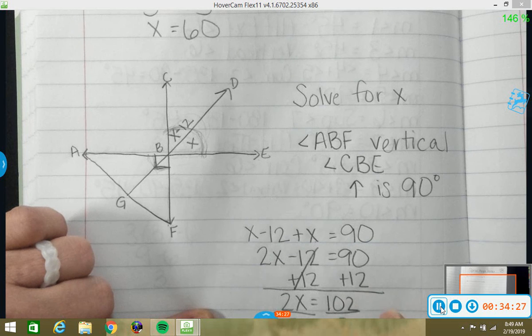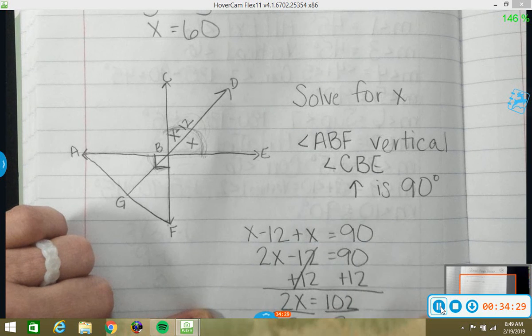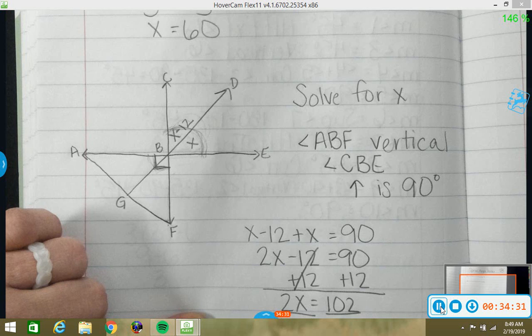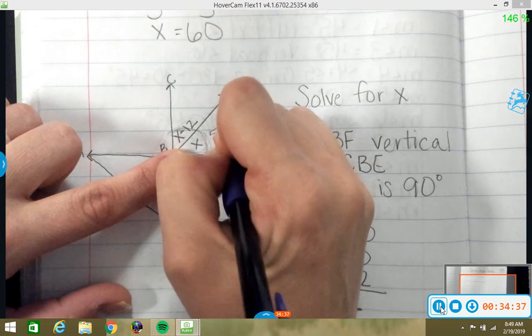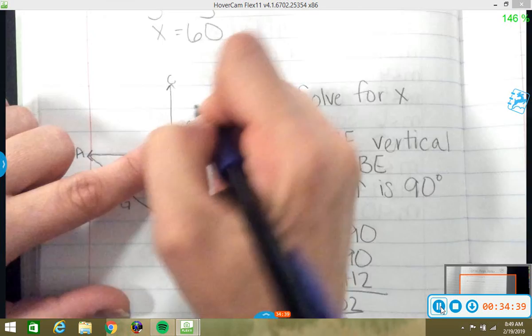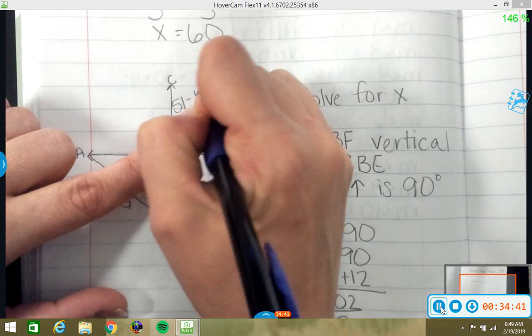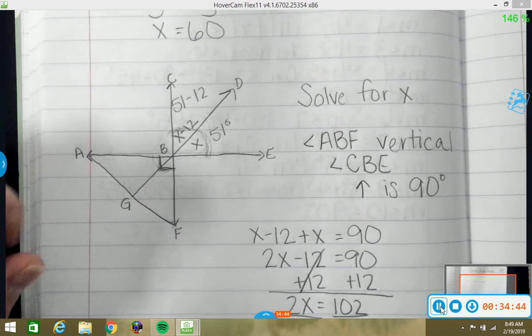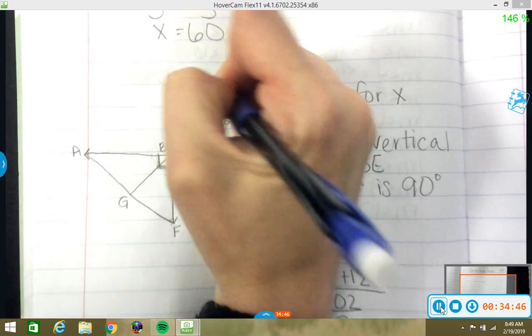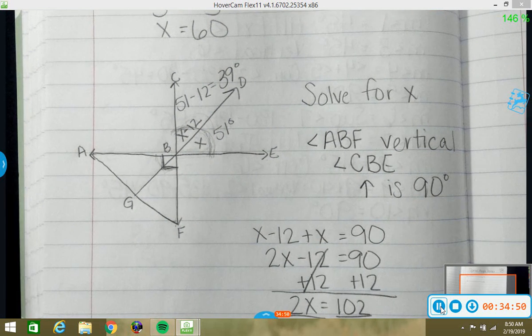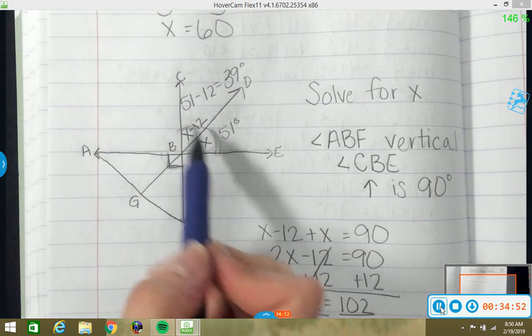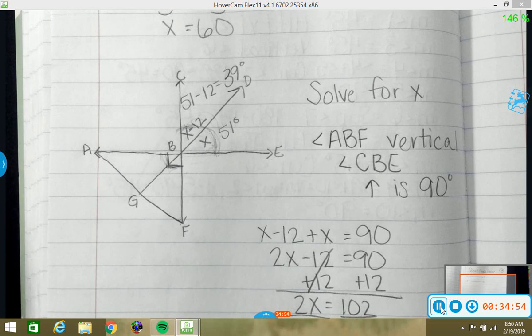What does x equal? 51. So we know that this one is 51 degrees, and then here we have 51 minus 12. What is that? So this one is 39 degrees. It just asked us to solve for x, but we could take it a step further and solve for those as well. All right, make sure that you have all of the notes.